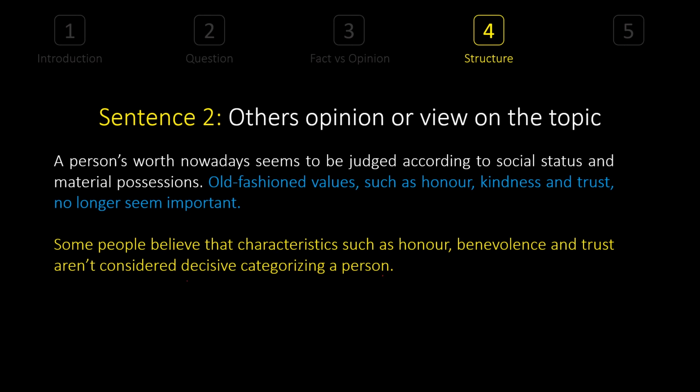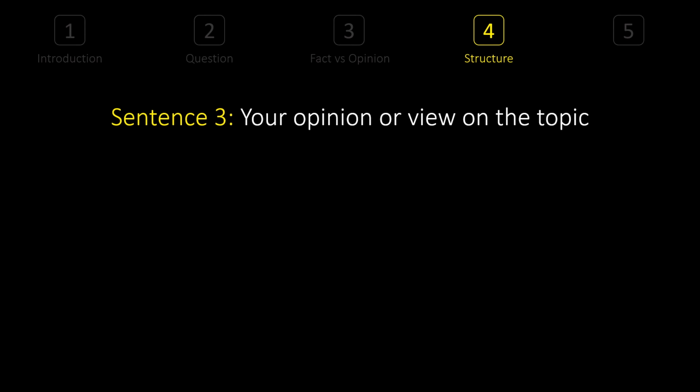These are not deciding factors of categorizing a person. This is called the second sentence, or a fact opinion-based statement. Some people believe this, and based on this, you're going to provide sentence 3, which is your opinion or view on this topic.